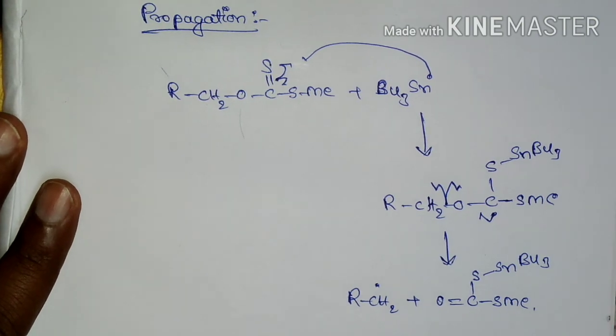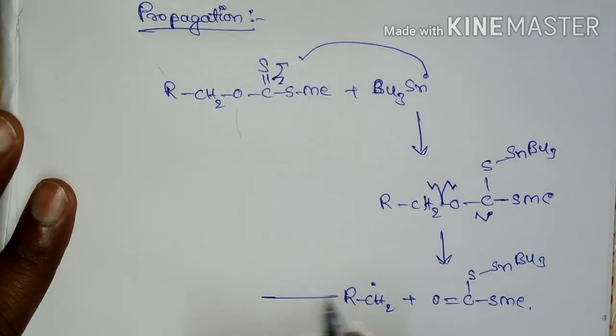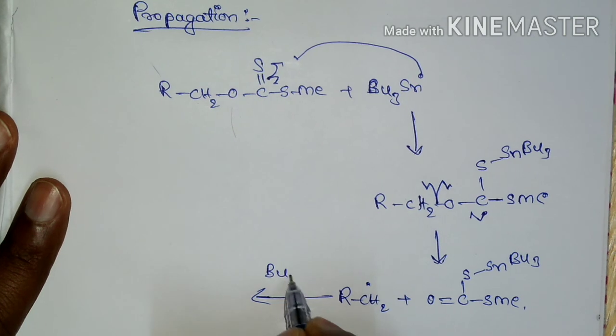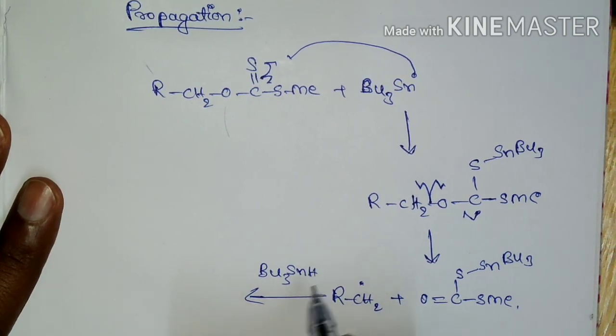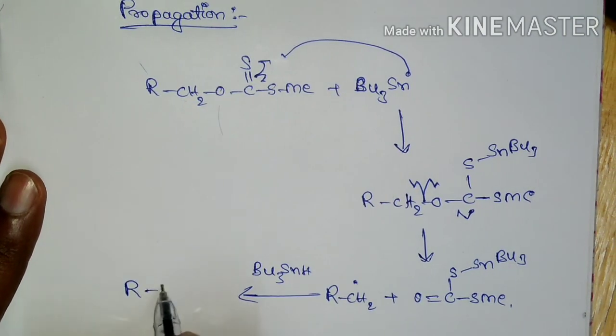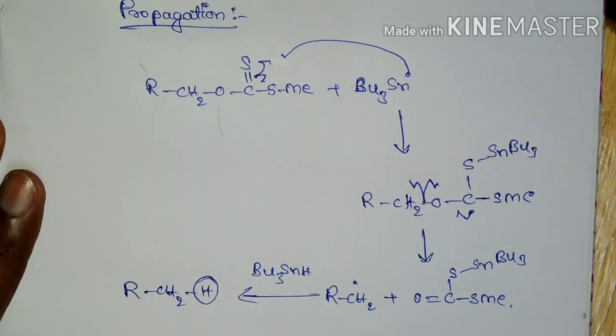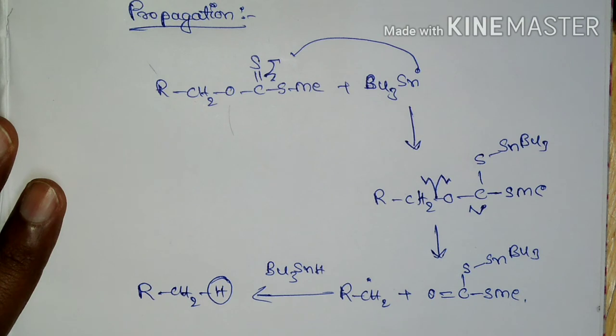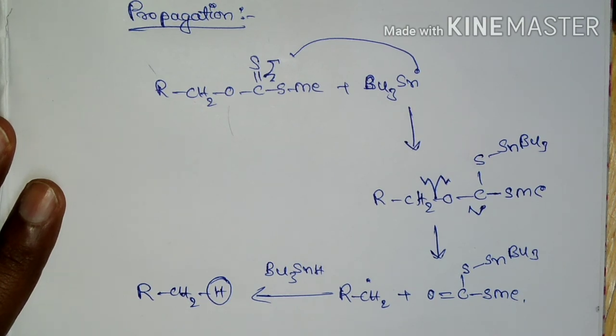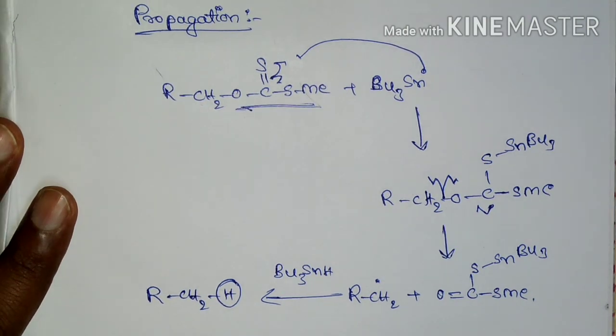This is a neutral species. Now this free radical reacts with tributyl tin hydride and forms RCH2-H. So this is the mechanism for the Barton-McCombie reaction. These are the important applications of tributyl tin hydride. Thank you.